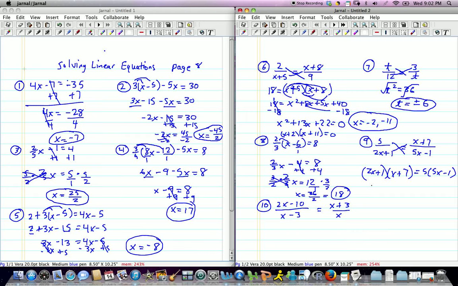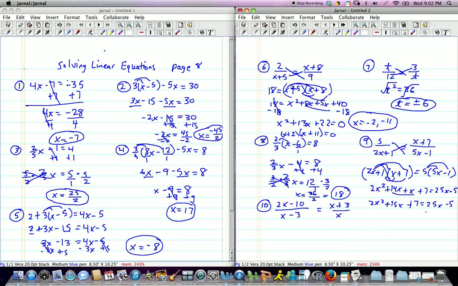Here I do FOIL, so I get 2x squared, then 14x, then x, then 7. And over here I get 25x when I distribute minus my 5 when I distribute. Now I combine like terms here on this side. So I have 2x squared plus 15x plus 7 equals 25x minus 5.